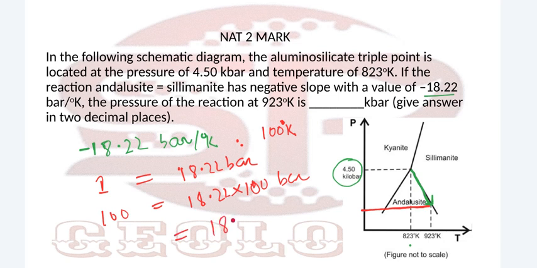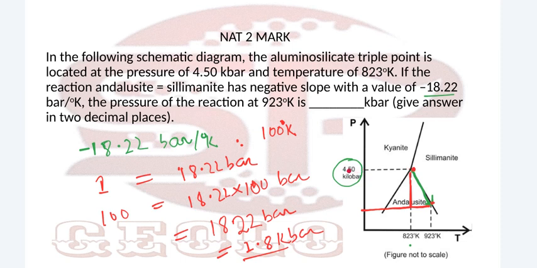It will be 1822 bar. If you convert it into kilobar, it will be 1.822, about 1.8 kilobar. Then from this point to this point, the pressure decreases 1.8 kilobar.